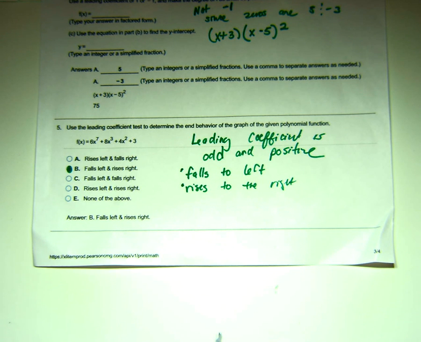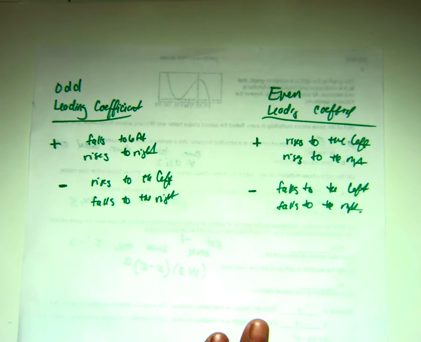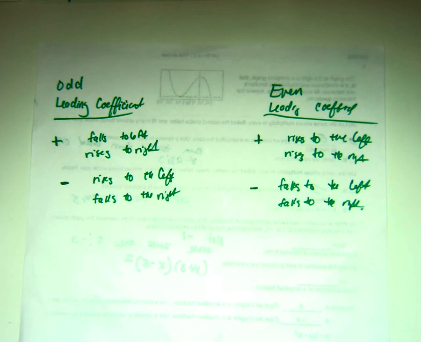Therefore, your largest exponent is 7. Just so happens 7 is an odd number and it's positive. Since it's odd and positive, it's going to fall to the left and rise to the right. Those notes, once again, are more in detail in your stcc.mylabs Plus.